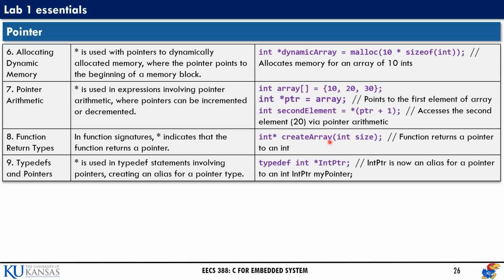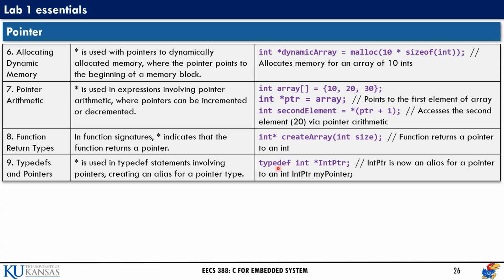You can create a function that returns a pointer, and this is a very powerful technique. For example, you have an array sorting function, and in that function you return the array pointer, and after sorting the array, you just access the data from that pointer location. Also, you can use typedef. Typedef is a special keyword.